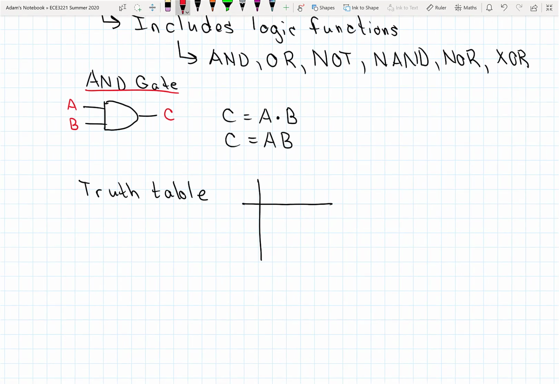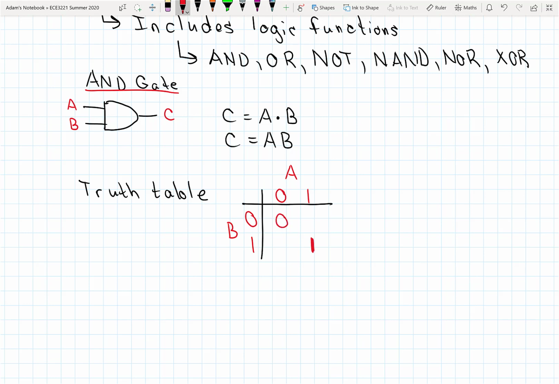The logic states of my inputs are shown on the outside here, and just as the name of the gate suggests, I have to have logic level highs at both inputs. I need a high, or a logic level 1, at A and B. That is the only case where I will get a logic 1 on the output.